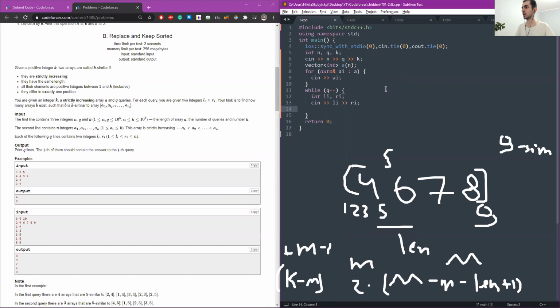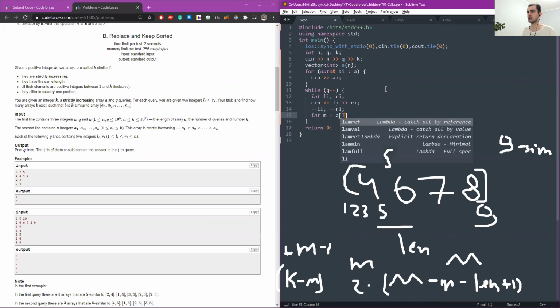Now we actually have to work carefully with indices. So I'm guessing we have to, yeah, I want to decrement both of them. So they are actually both valid indices at the moment.